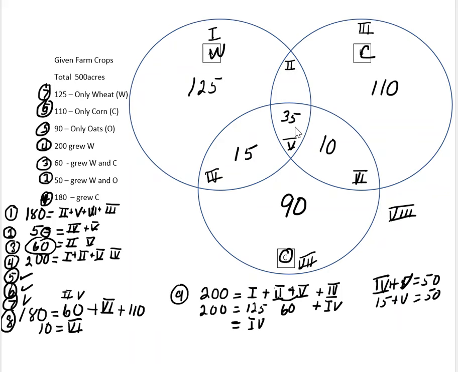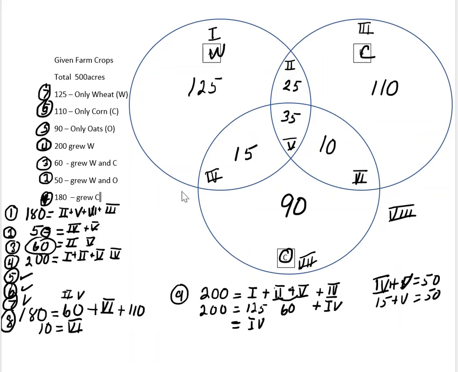And once I get that, I can work on the other, which is 2 and 5, which is 60, so this must be 25. Now I have all of the pieces to the puzzle that I need, and now I can start to answer the questions.